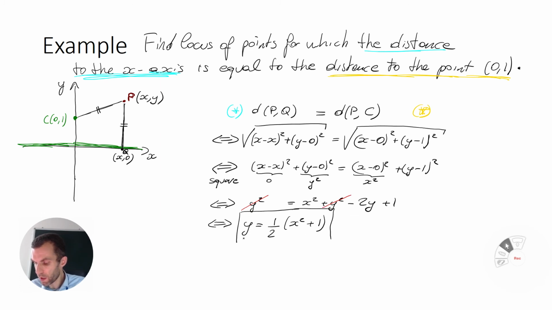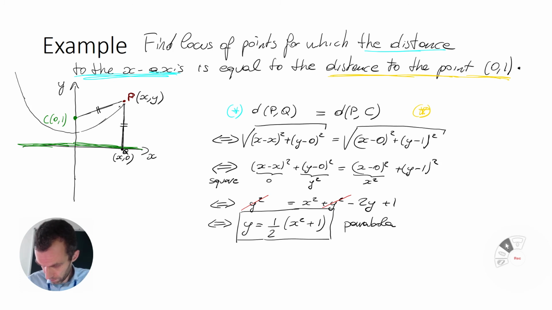And that is the equation for the locus of points that are at the same distance between the x-axis and C. And this traces out a parabola. This is the equation of a parabola. And if you calculate a couple of points, again, what you'll see is that the point P will trace out a parabola like so, and then going off to infinity.